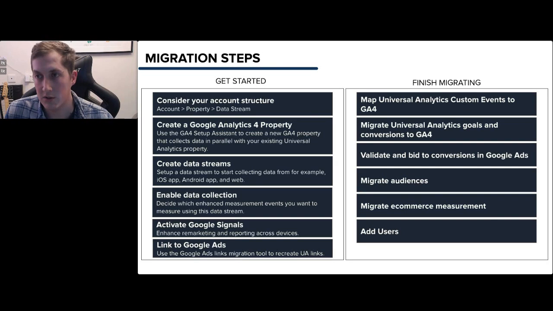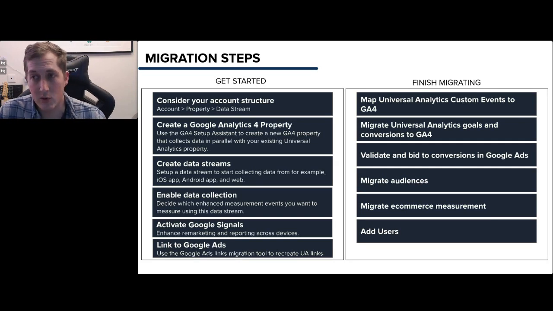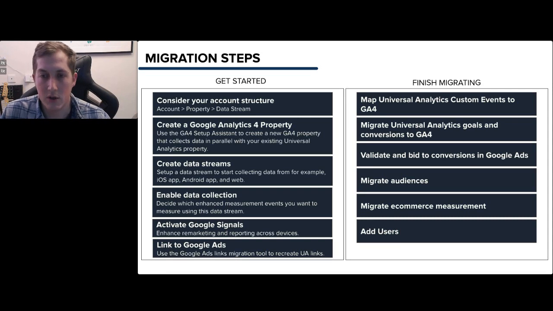If you decide you want to change it at some point, you can. The default, whenever you create a stream, is cross-channel data driven. You may want to change it to last click, particularly if you want to compare the data flowing through Universal Analytics and GA4.